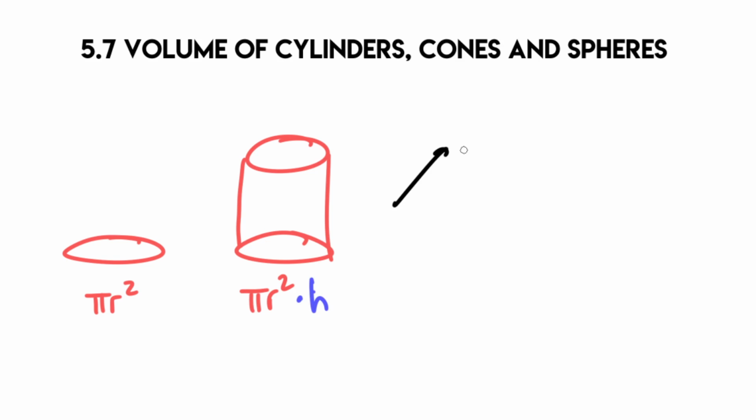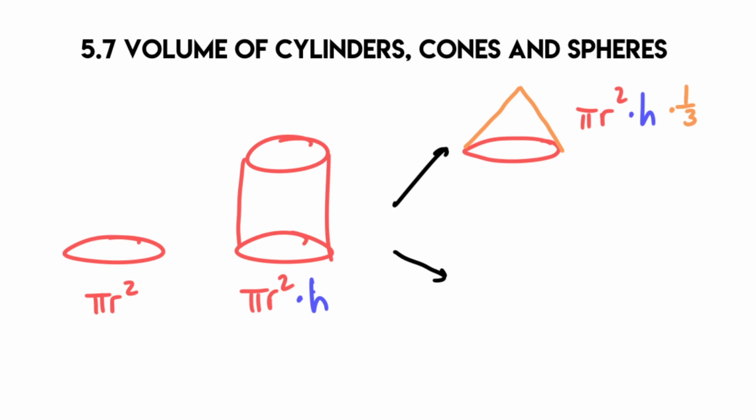And then it branches off into one of 2 things. The first one it can be is a cone. It's going to have the circle bottom, and then the pointed top. This is pi r squared times height to make it a cylinder, times 1/3 to make it a cone.